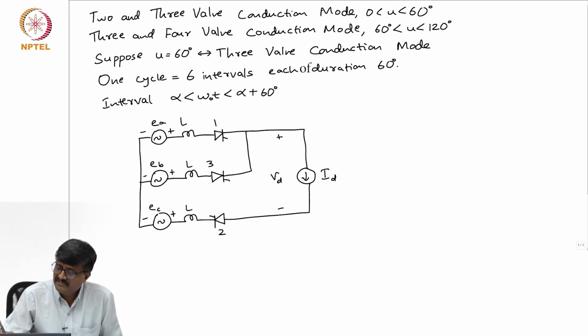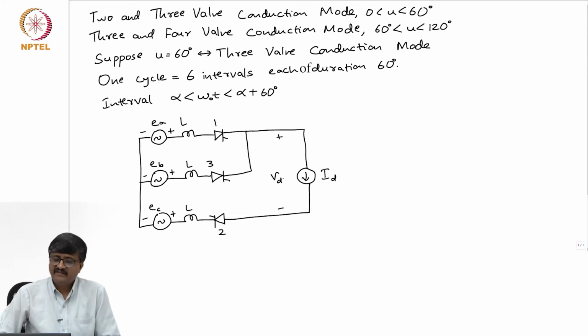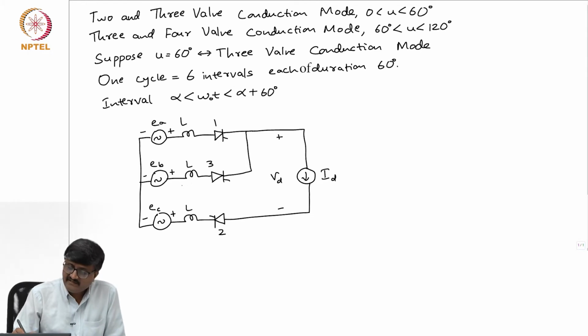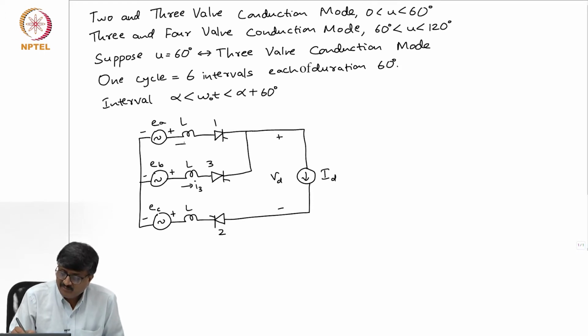The DC side instantaneous voltage is VD, and the current flowing through valve 3 is I3. The current through valve 1 is I1, which is nothing but ID minus I3.